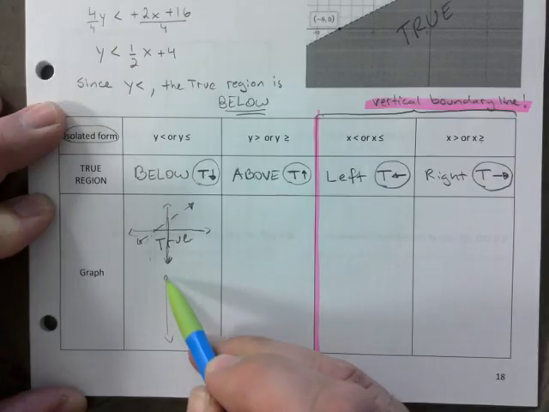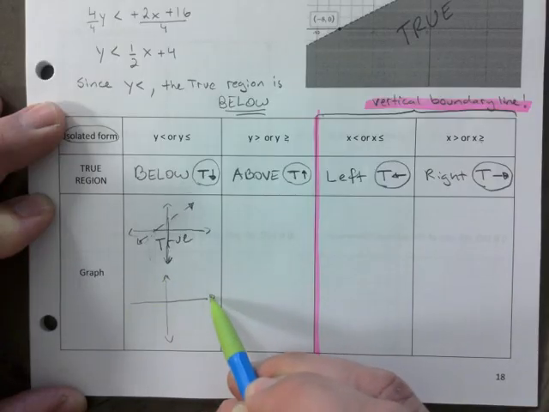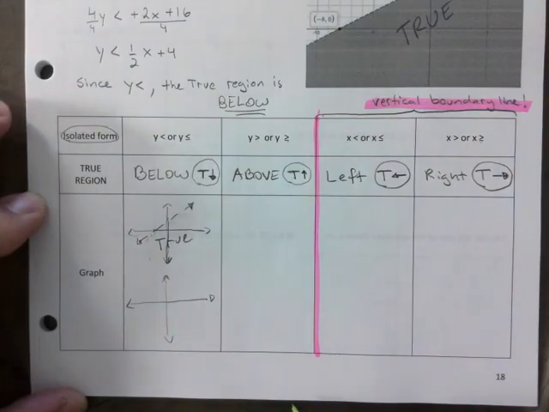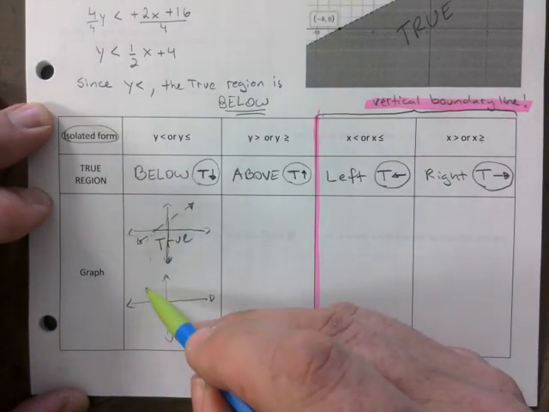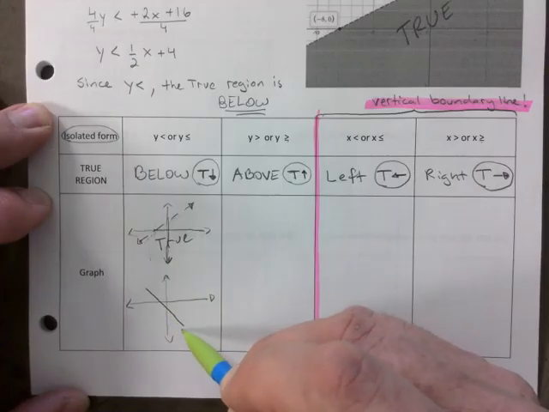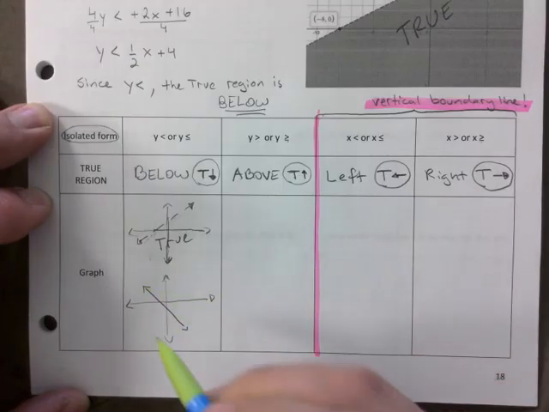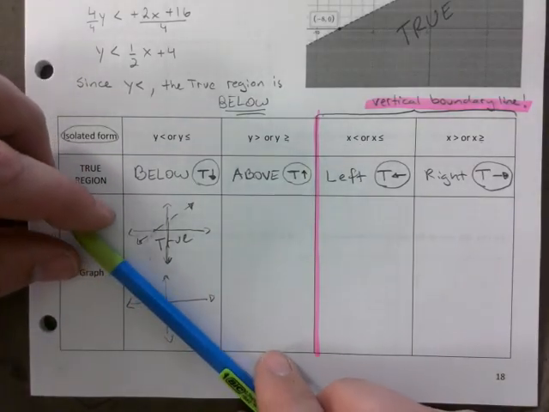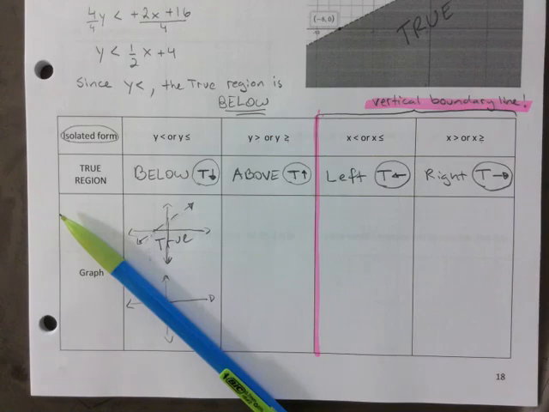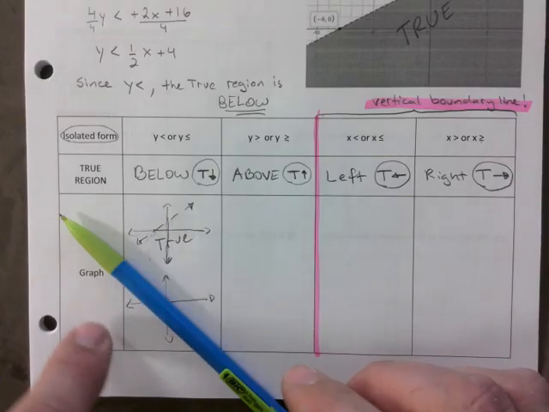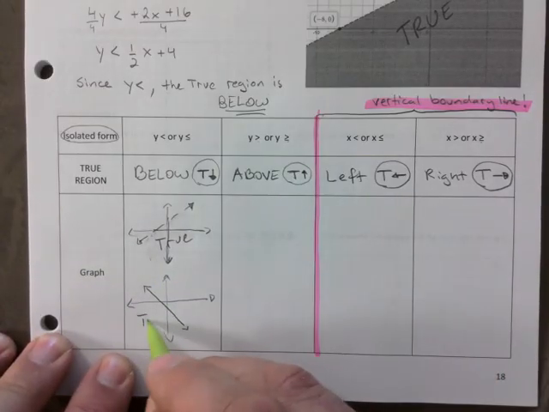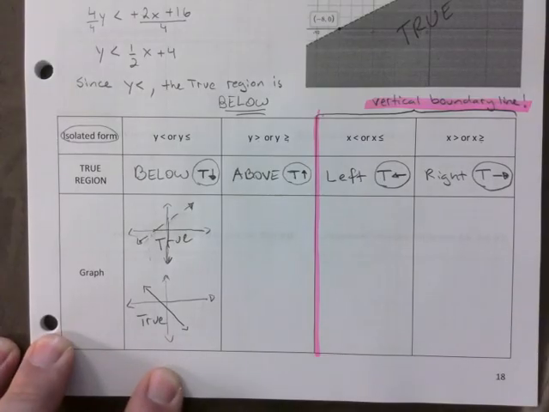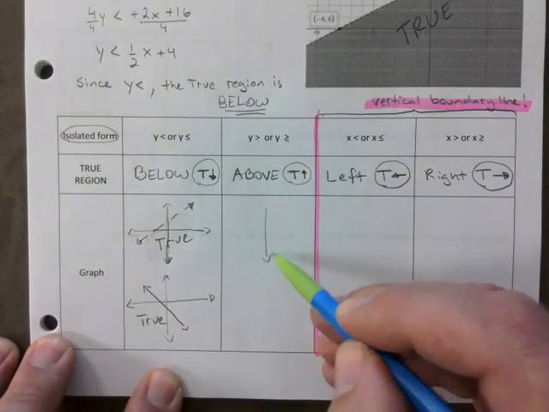Some students have a hard time saying where is above and where is below, okay? So you're going to have to walk through that a little bit. So what if you have a line that goes this way? Where is below on this line? If my pencil is the line, above it, it'll be here, right? Somewhere in here. So this is true in this case. Above, let's switch it up a little bit.